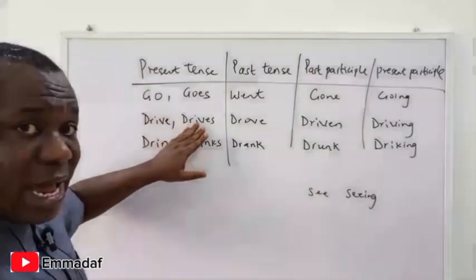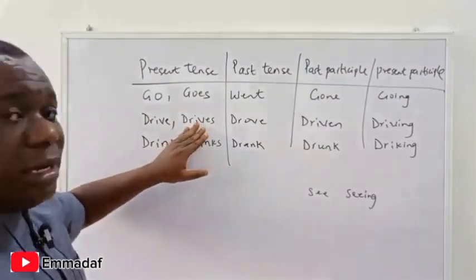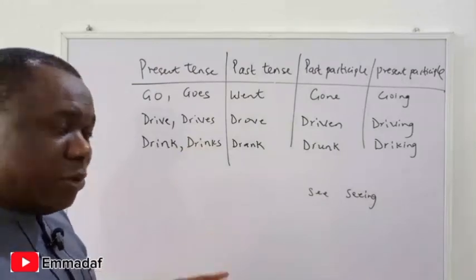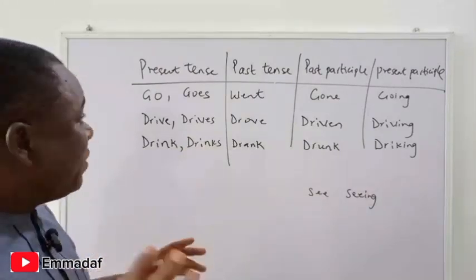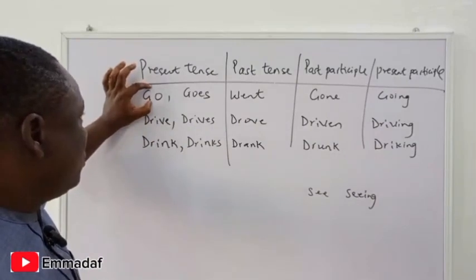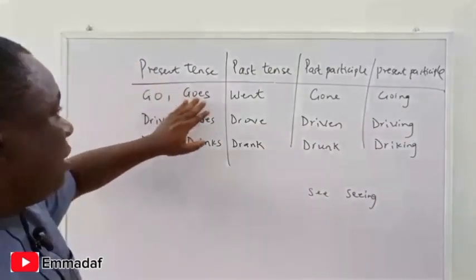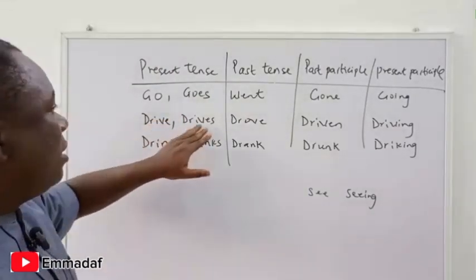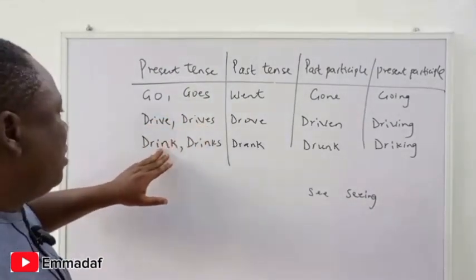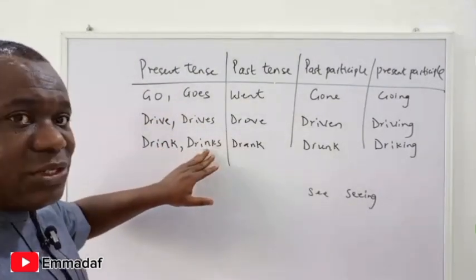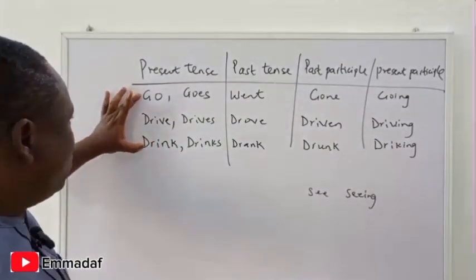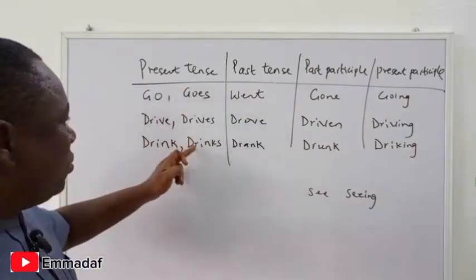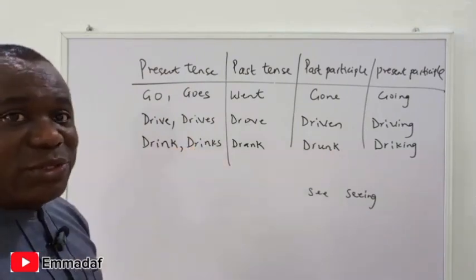Drive, drives are both in the present tense. Drink, drinks are both in the present tense. The difference between them is that this is plural and this is singular. So these here must go with a plural subject, while these must go with a singular subject.